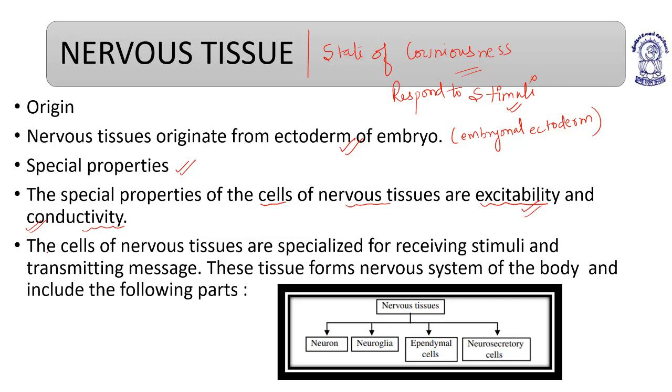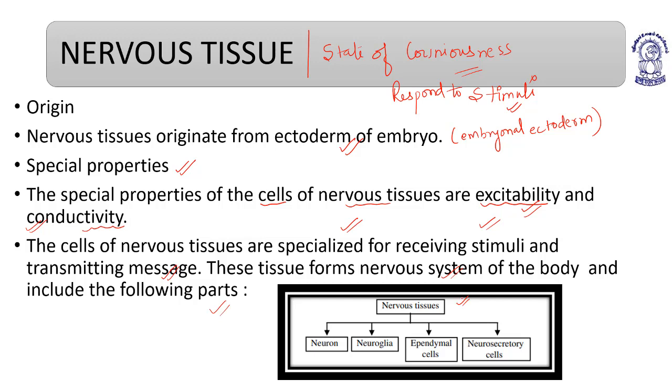The cells of nervous tissue, known as neurons, are specialized for receiving stimuli and transmitting messages. This tissue forms the nervous system of the body, including the following parts.